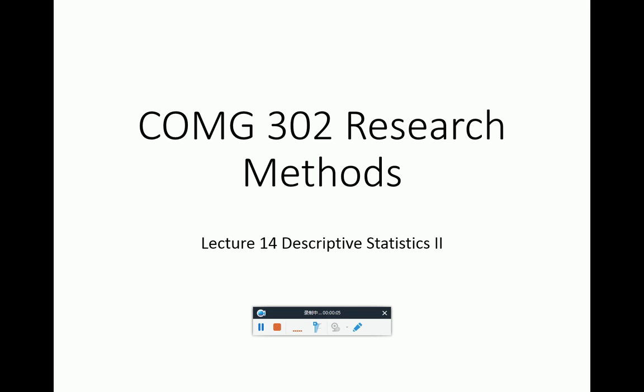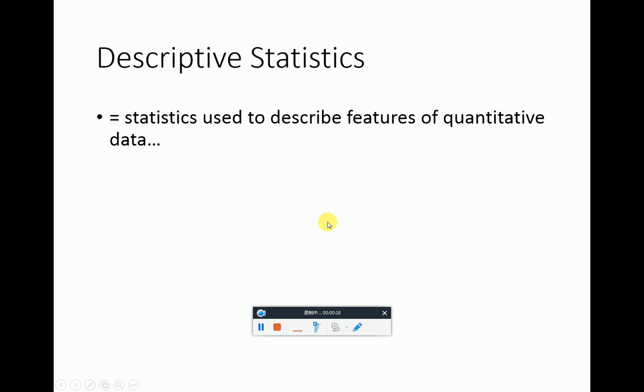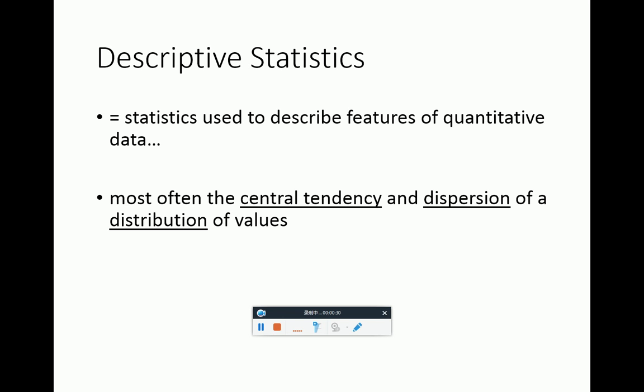So, yesterday we started to talk about descriptive statistics. We said that descriptive statistics are statistics that are used to describe data. We said that there are two essential features that we would like to describe.